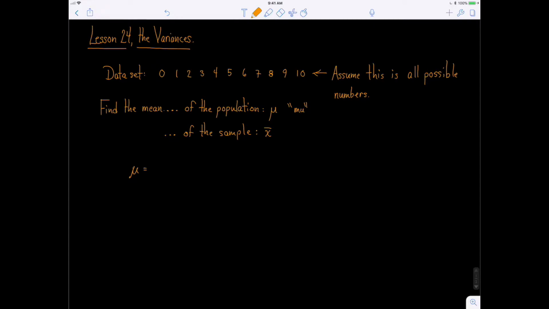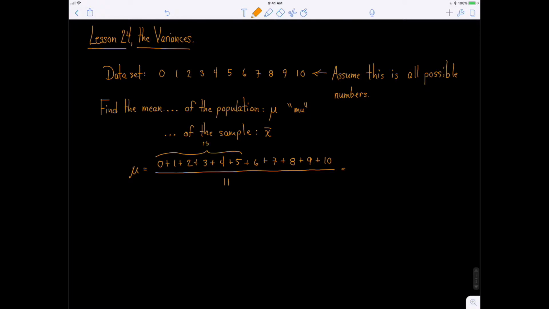And we're going to just add up our data, 0 plus 1 plus 2 plus 3 plus 4 plus 5, 6 plus 7 plus 8 plus 9 plus 10. We're going to add up all of that data and divide it by the number of values, which is 11. If I add 0 through 5, that's 15.